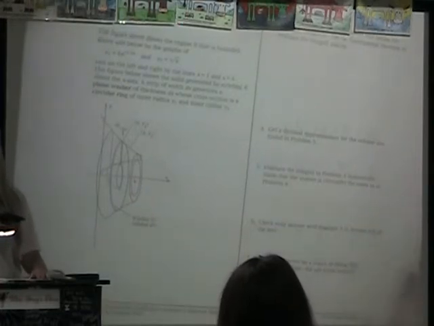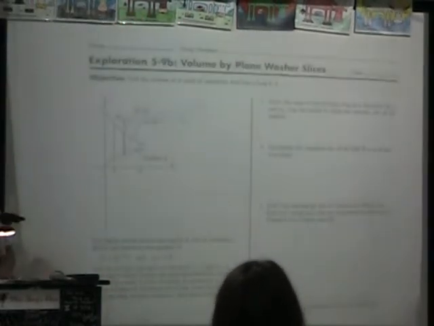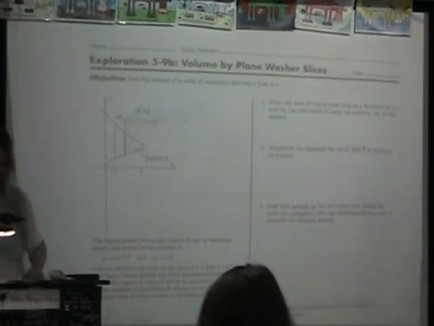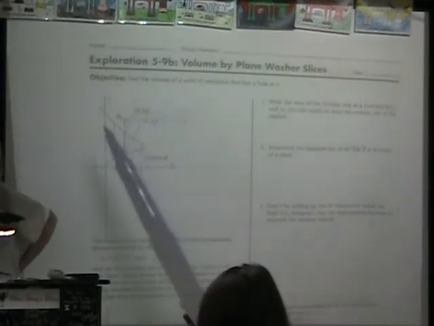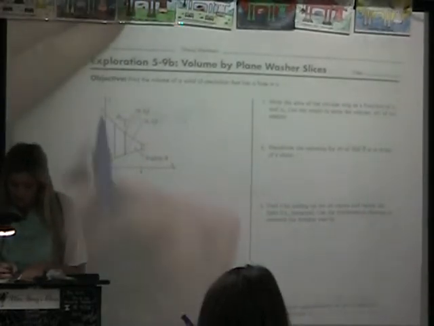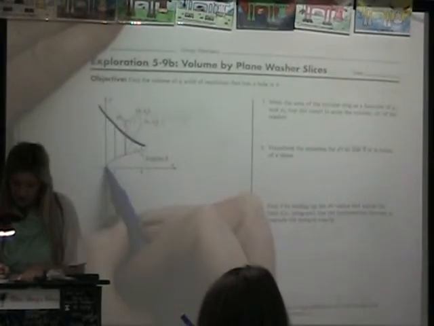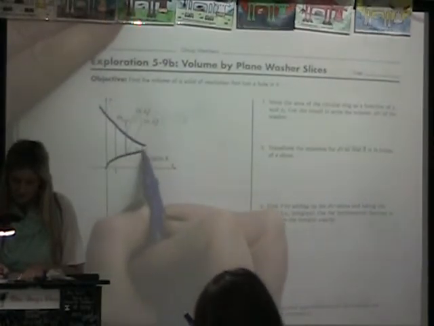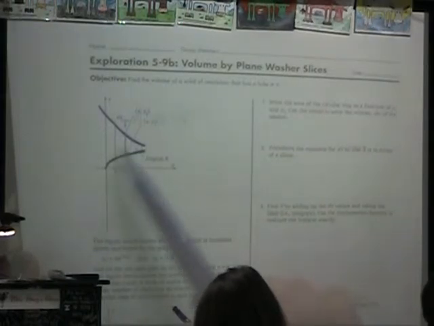we're going to talk about the washer method. So if you look at 5-9b, you'll notice on this example we have two equations. So here is my first equation, here is my second equation, and what we're looking at is the area between those two curves.